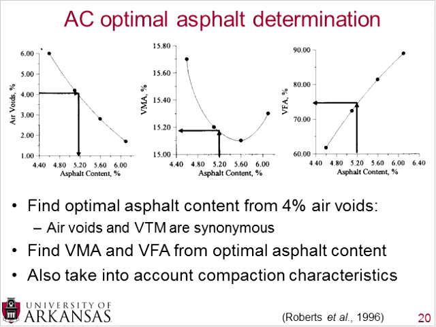So you start at the 4%, you move to the right in your curve, and then you go down to determine your optimal asphalt content.